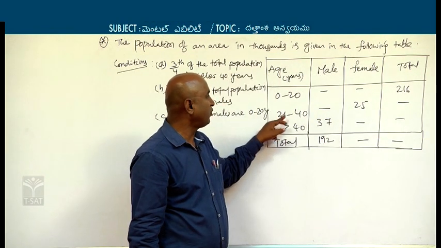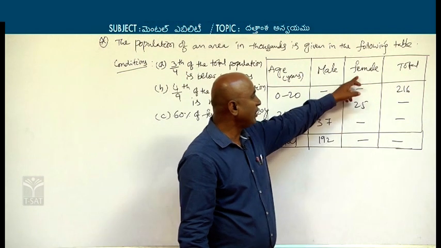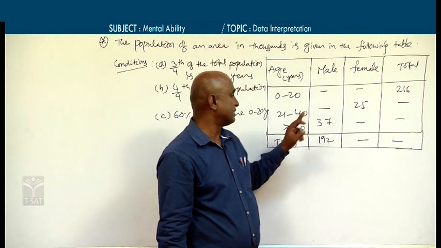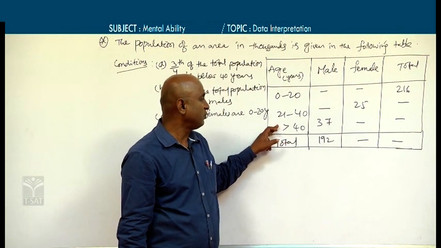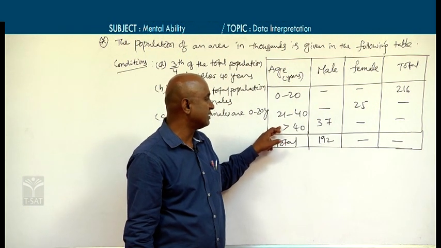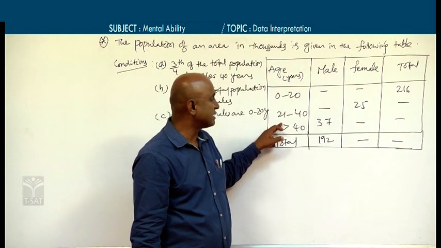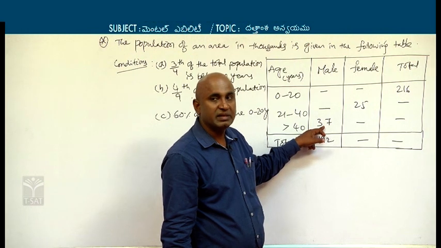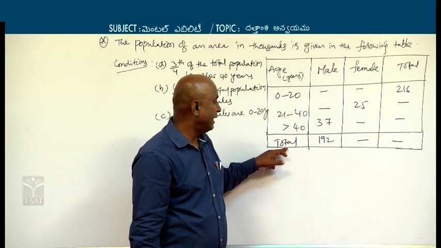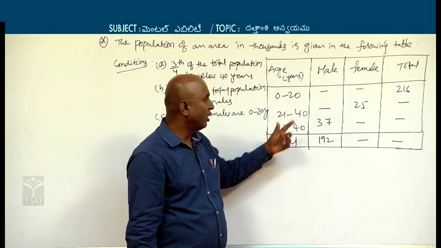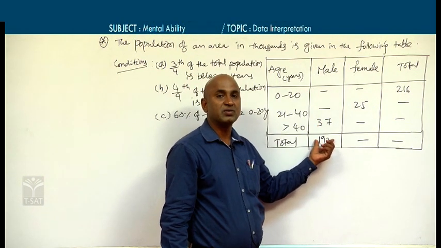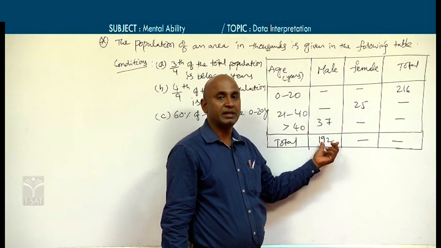For 21 to 40 years, only the female population is given, 25,000. For more than 40 years, only the male population is given, 37,000. And for the total population, only the male population is given, 192,000. This is the data given.